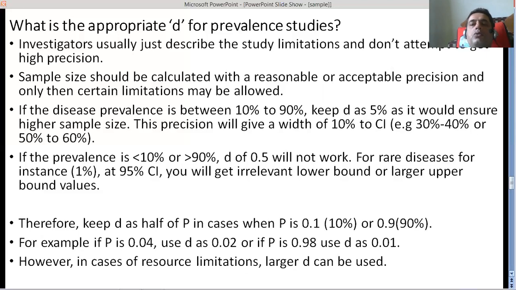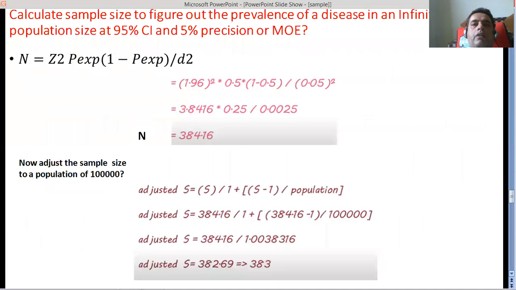When you say that you do not have resources for the study, then you can go for using a higher value of D. So here is this short tutorial or example.